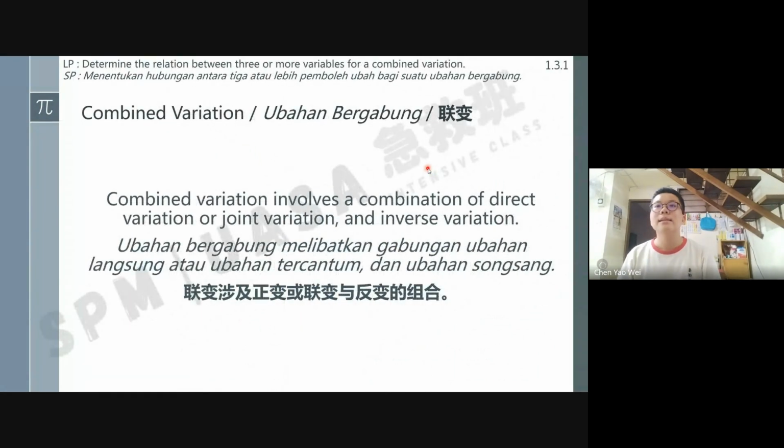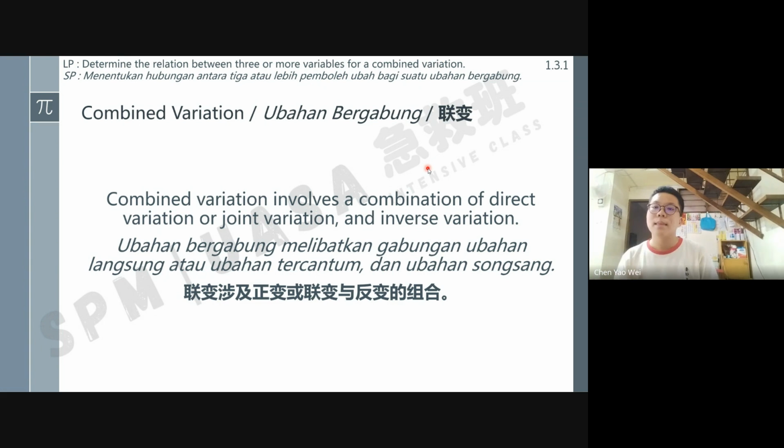This is the direct variation combined with the inverse variation or the joint variation together. It means things can happen many at the same time, with two rates.